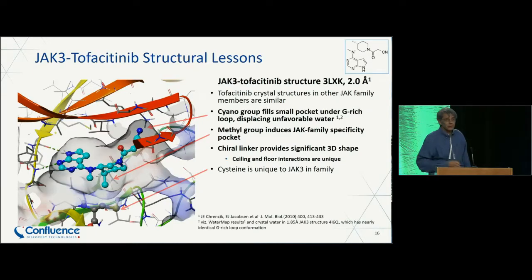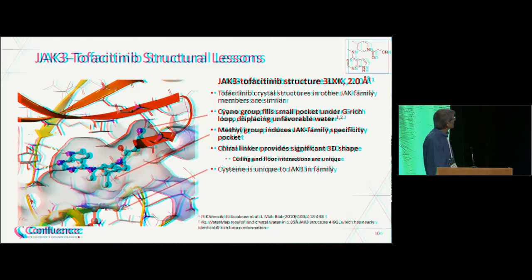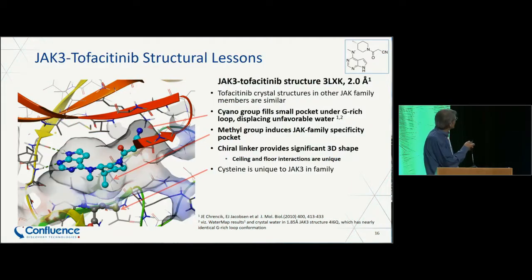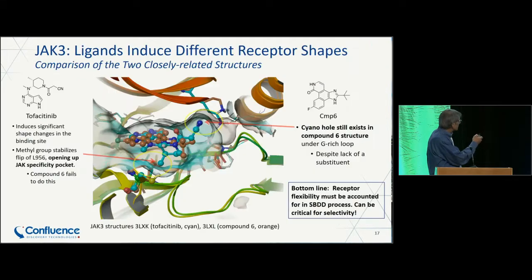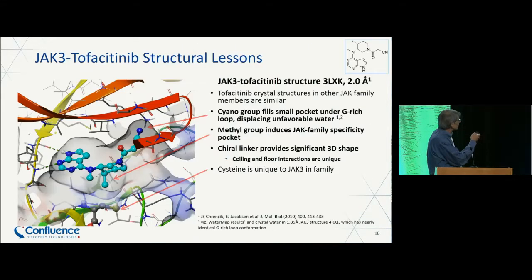Fortuitously, we were able to get a structure of tofacitinib, and it does several things right away of significant interest. First, when we look at tofacitinib in JAK1, JAK2, and JAK3, it binds the same exact way in all of the JAKs, so that's the same orientation.